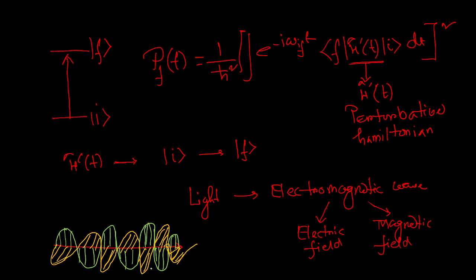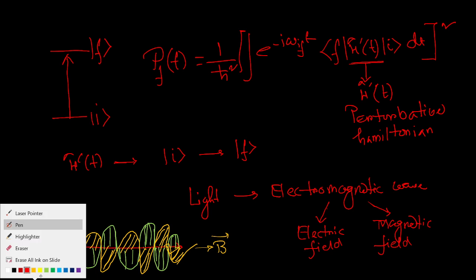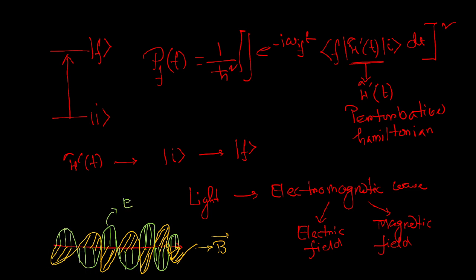This is your magnetic field and this is your electric field, and light will propagate in this direction.